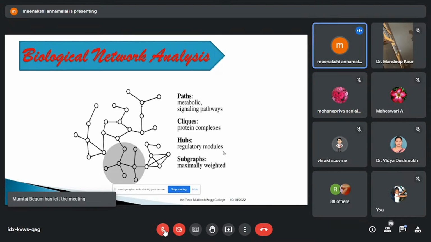There is also an activity motif, which is about the activity that happens between the nodes and edges. Here the nodes we are considering are the organisms.